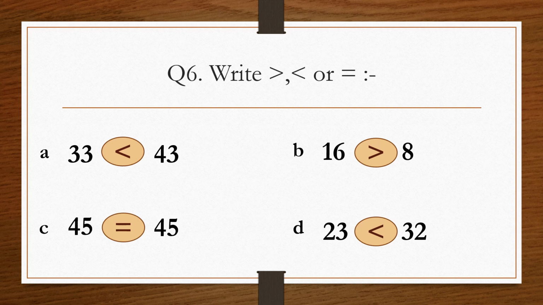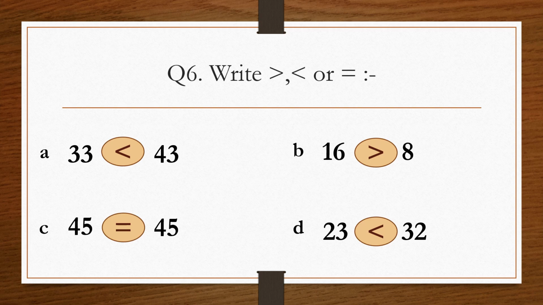33 and 43. So please see which number is the greater number. We can see that 43 is greater than 33. So we will put the sign of greater than towards 43. That means the mouth of the sign will be open at 43.